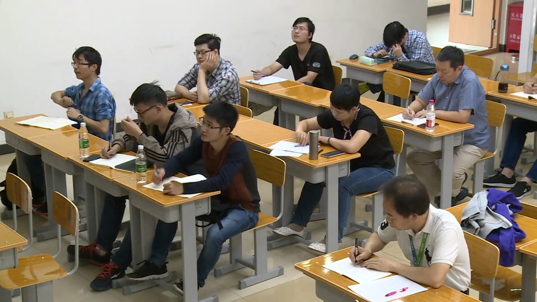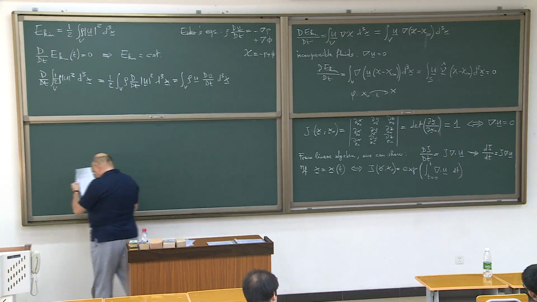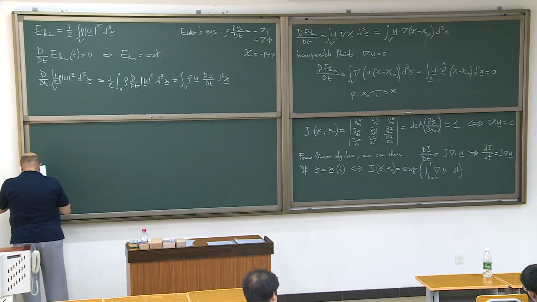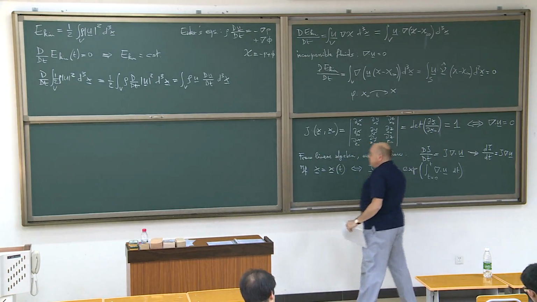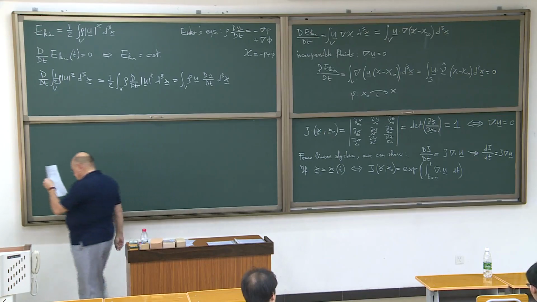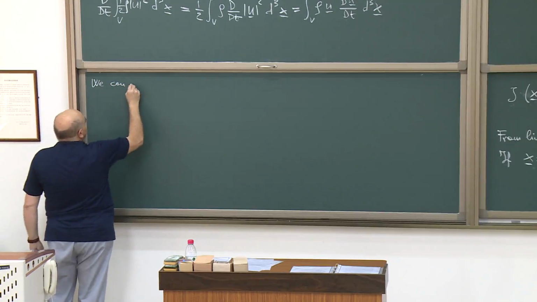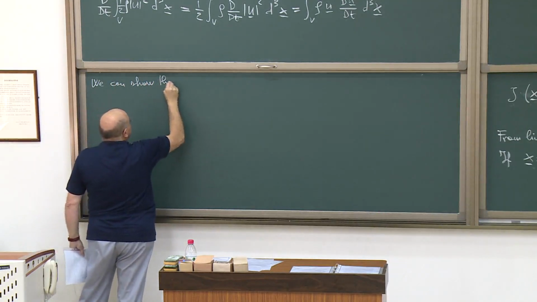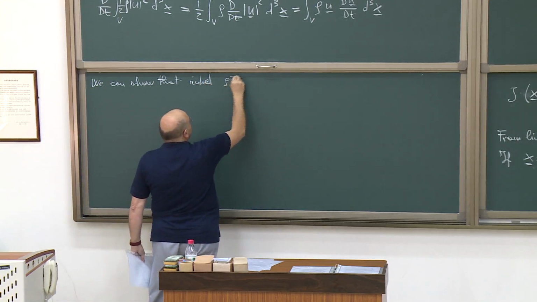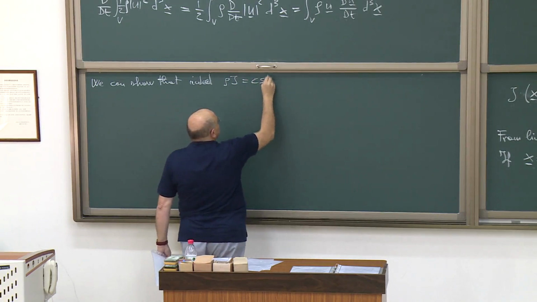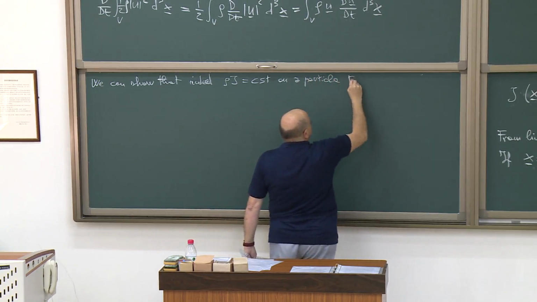So we can now summarize these various facts into the following. By the way, because we stay on a material line, we can multiply this. This is again a little exercise showing that indeed rho J is constant on a particle trajectory.